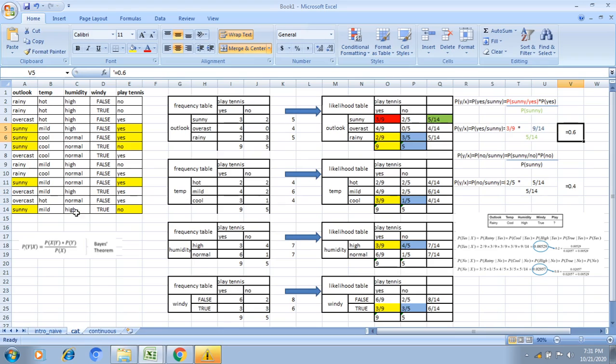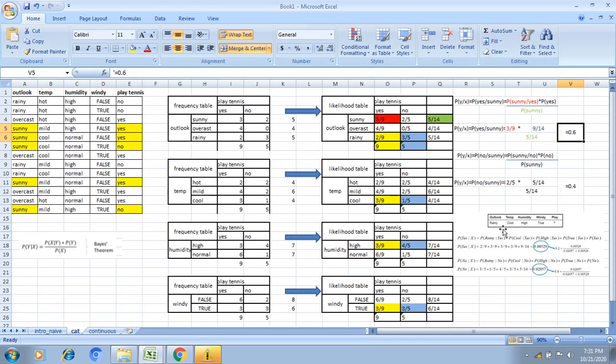That's why we use the posterior probability to calculate all the probabilities for the prediction. If it is 0.6, the playing-yes probability is more, so we are willing to play. If the no probability is more, then we are not going to play. Based on the highest probability, we are willing to play, because the yes probability is highest.